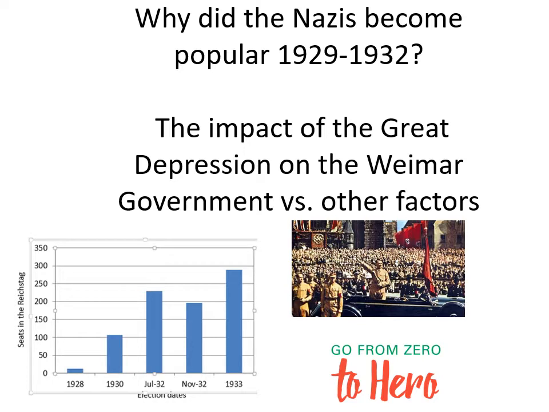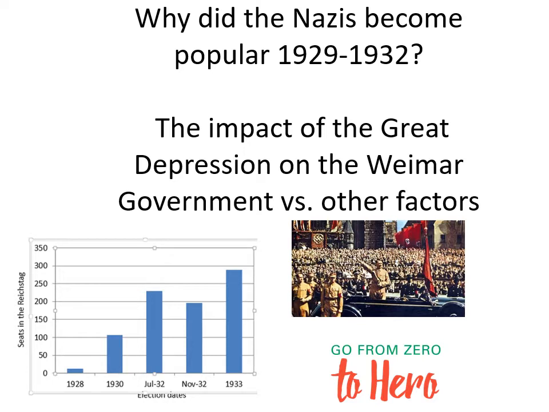But after 1928 there is a huge turnaround for the Nazis, where they increase their vote share massively and therefore increase the number of MPs that they have in the German Reichstag until they become by far the biggest party in Germany. We have to understand the factors that lead to this.